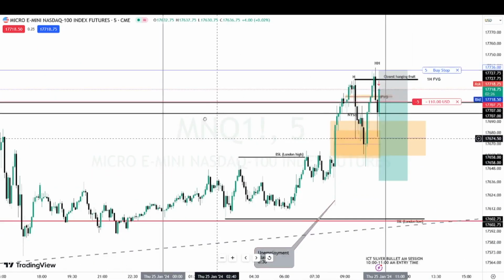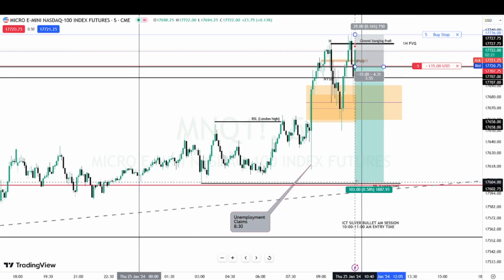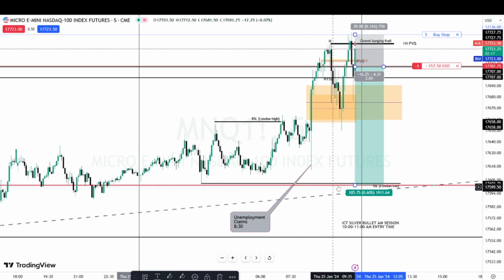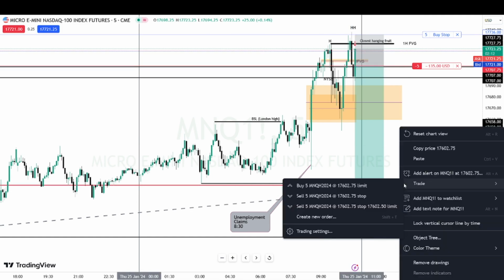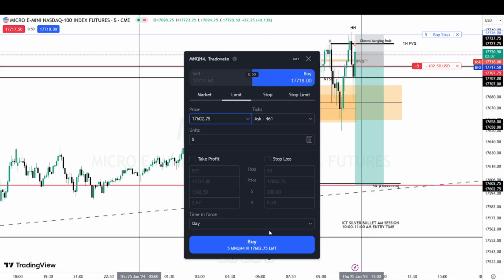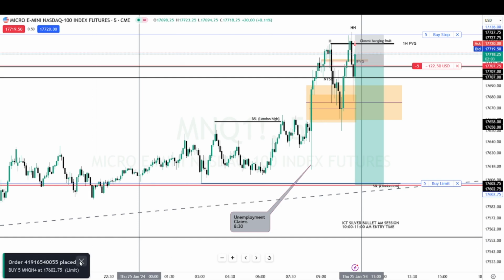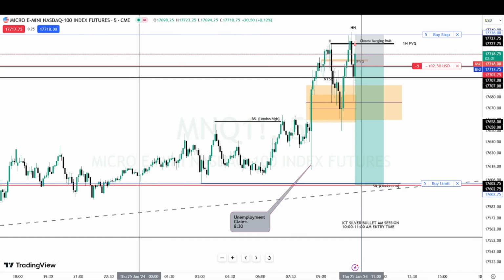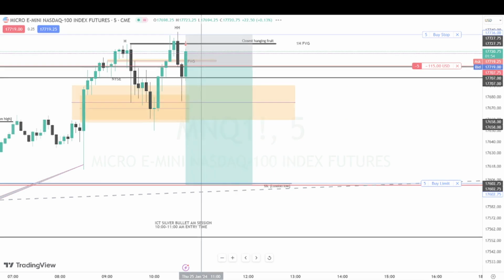But remember, we are still looking for this area right there. This could be our closest hanging fruit, not even to stretch it higher. This could be our closest hanging fruit right there. Let me put my buy limit right there. So now we are looking at managing the trade.